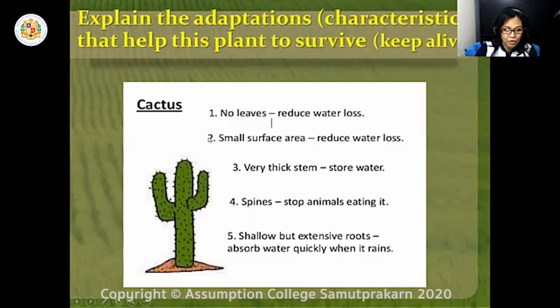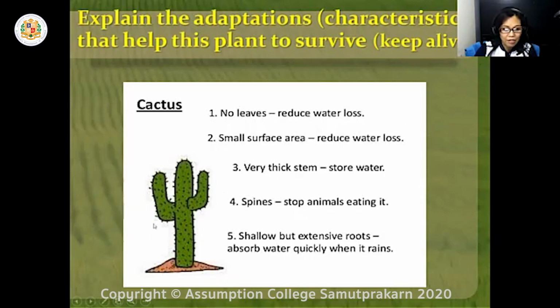And number two, this cactus has small surface area, also to reduce water loss. And number three, this cactus has a very thick stem. That thick stem can store a lot of water so that the cactus will not die in the desert.